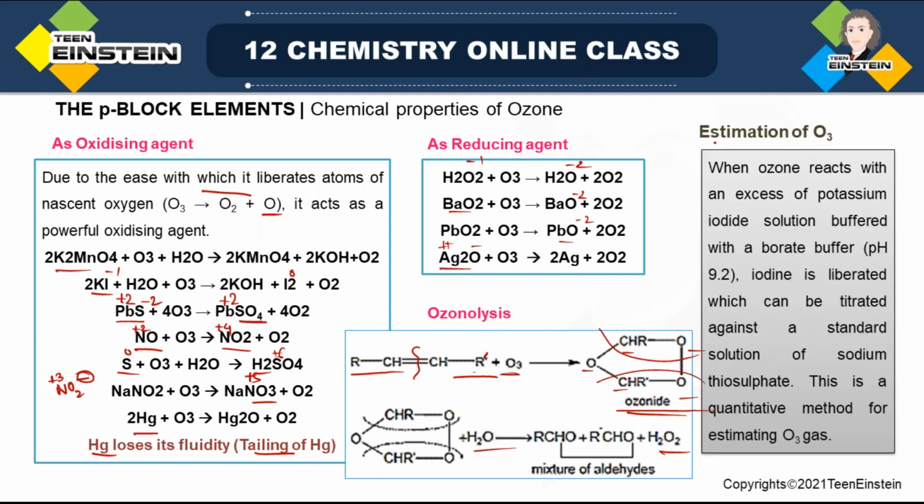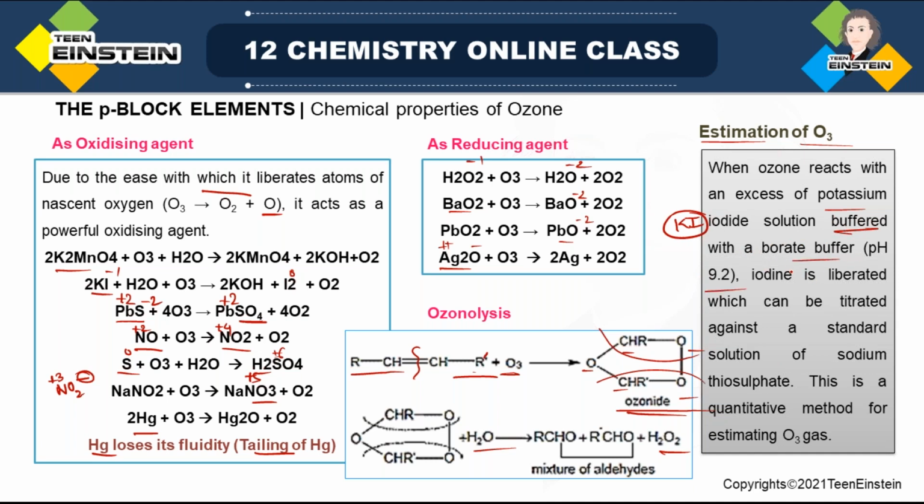Here we have one method which is used for estimation of ozone. It is actually not directly a chemical property of ozone, but here we will see this because you may get a question based on this. When ozone reacts with an excess of potassium iodide, that means you have taken excess KI, it is buffered with a borate buffer having pH 9.2.